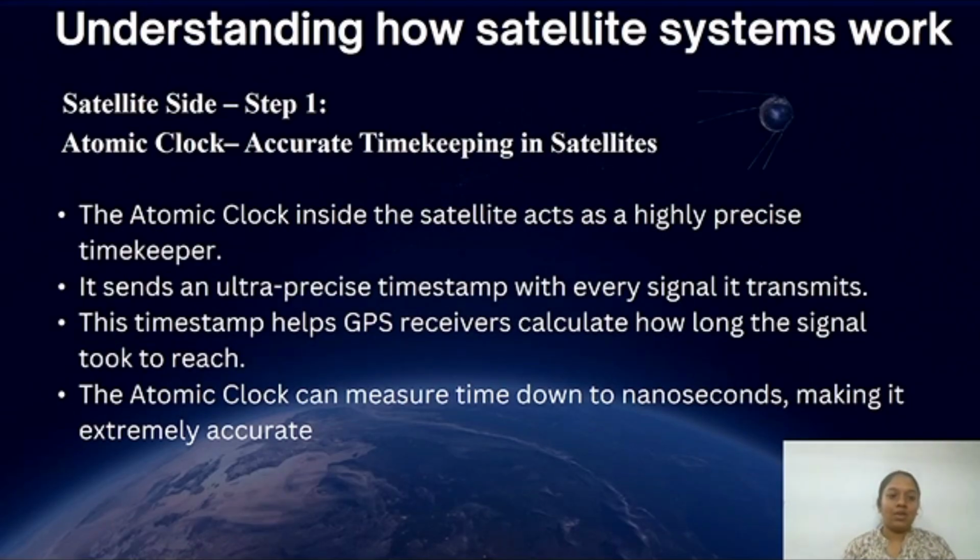The first step is the atomic clock, for accurate timekeeping in the satellite. This is a very high precision timekeeping device. Its main job is to send the exact time along with every signal. Using this timestamp, the GPS receiver calculates how long the signal took to travel from satellite to receiver.